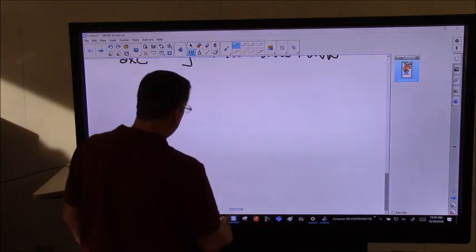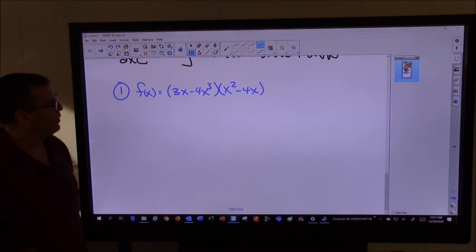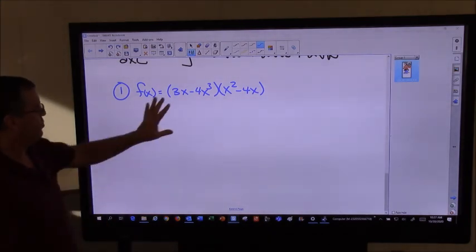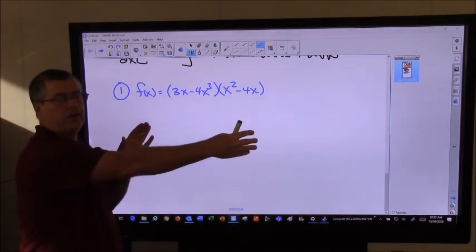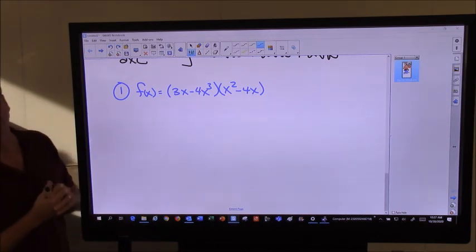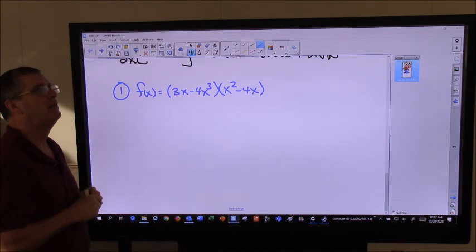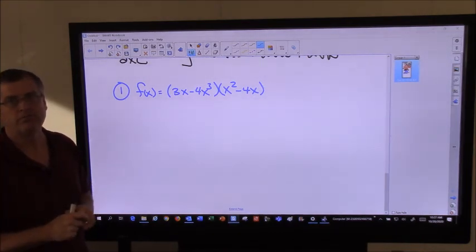Let's try a problem. All right, so I believe this is a problem that we could have done last week. If I just went ahead and FOILed this thing, so I got a list of terms, and they were all a number times a variable raised to the exponent, then I could use the power rule, okay? And honestly, if I was taking a test, that's probably what I would do on this problem, okay?